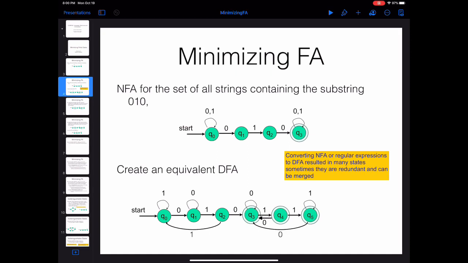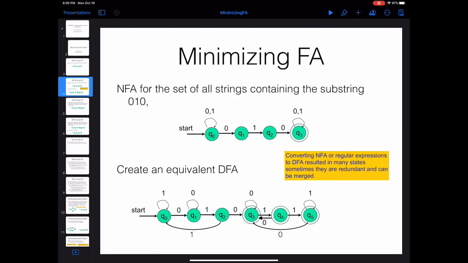That's why we are going to talk about minimizing the number of states in a DFA. And interestingly, there are two different algorithms that can minimize the number of states in a DFA, and for each regular language there is a unique DFA with the minimum number of states.